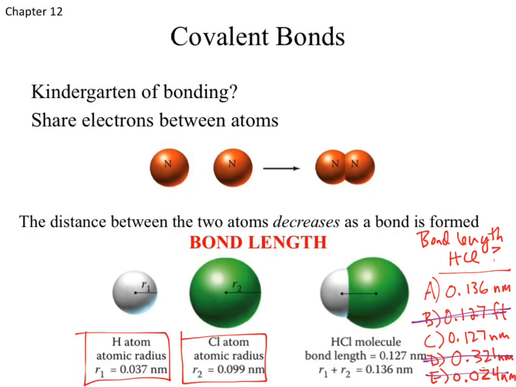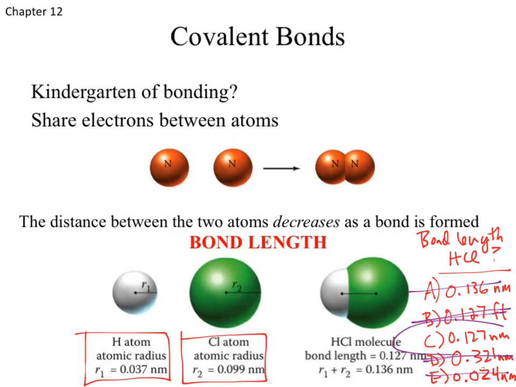Okay, but now we're left with a problem. How do we decide between A and C? Because we announced in class that what happens with a covalent bond? It decreases from the sum of the radii, which means it can't possibly be our 0.136.